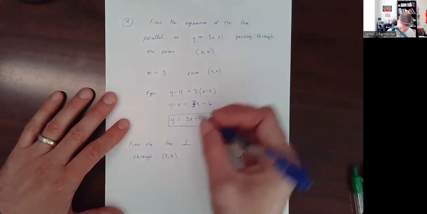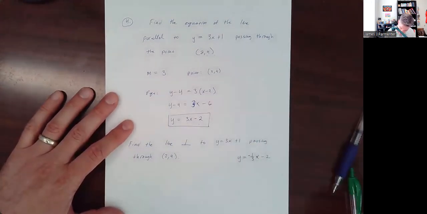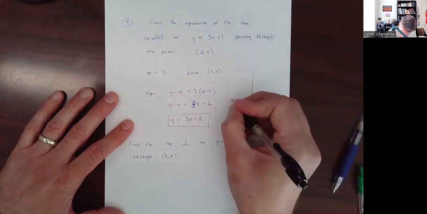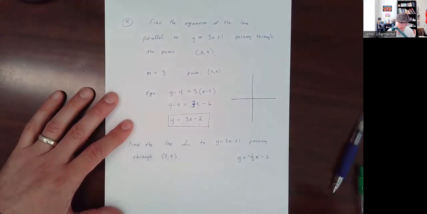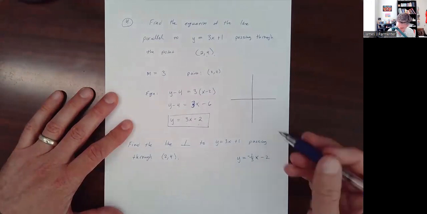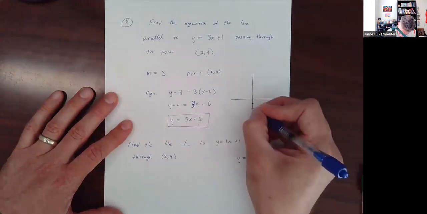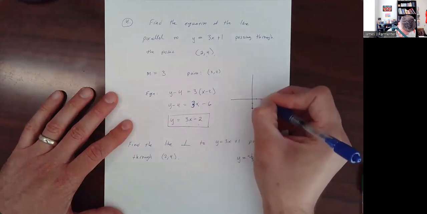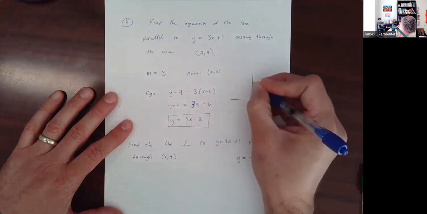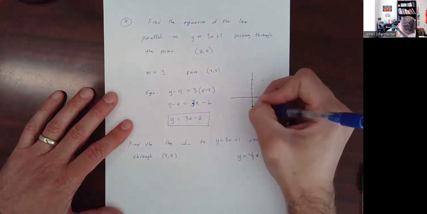If we think about this line here, y equals 3x minus 2 looks something like, I have to try and graph it here. It's got a y-intercept of -2. It passes the point (2, 4). Looks kind of like this. X is 2.